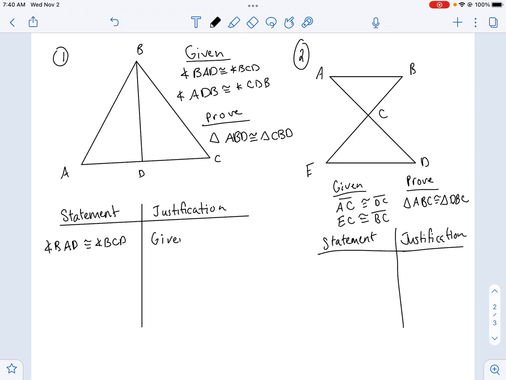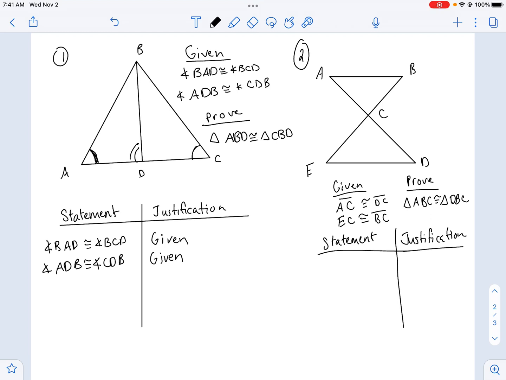The reason, given. Okay, so now we have proven this. You have to use your justification, and now I'm going to mark it. So BAD, that's this angle right here, and BCD, this angle right here, are congruent. Again, always, always, always write your givens. Once you have justified it using one of those properties above, then you can mark it.